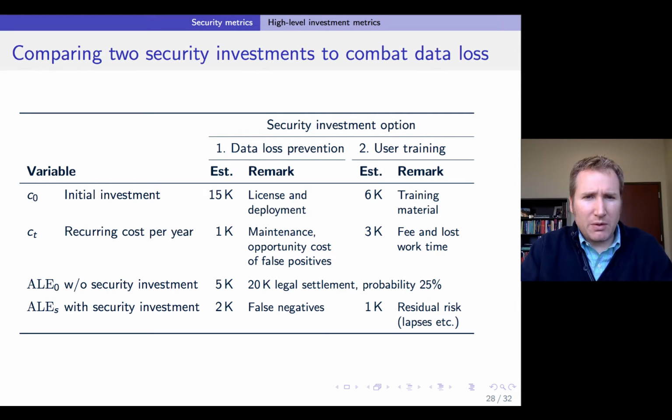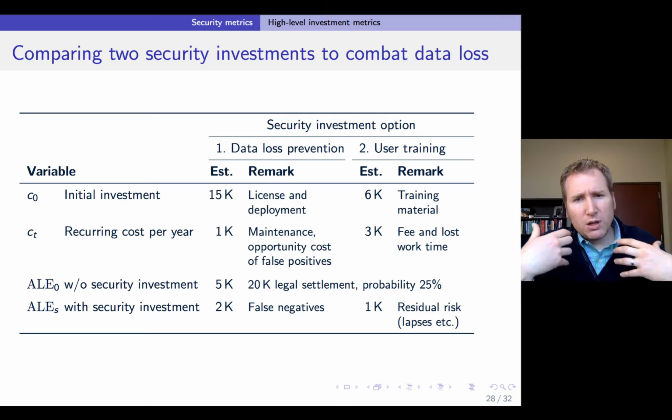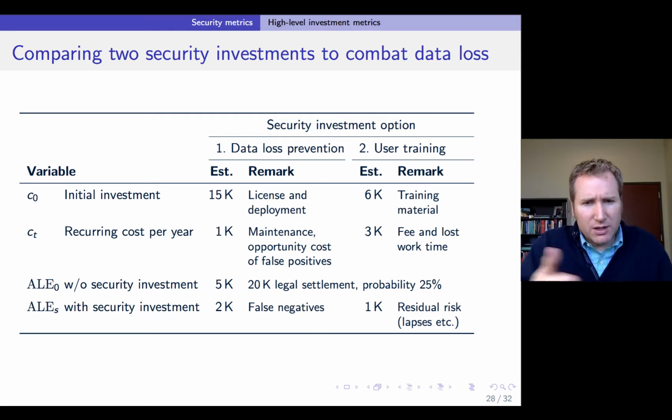So we're going to consider two simplified options. One is a data loss prevention technology, or often called DLP, which is basically a control you put in a network that will try to observe outgoing traffic and block things like social security numbers and credit cards from leaving your network.